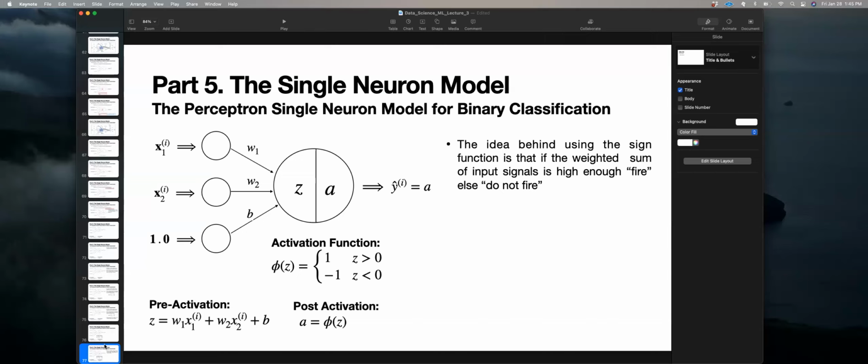Otherwise, we're not going to fire. So if the neuron is deciding to fire a 1, that means that the weighted combination of the input signals was high enough. And if it isn't high enough, then we don't fire. So we would spit out a -1. Okay? So if that weighted sum is greater than 0, the neuron says fire. If not, it says do not fire.